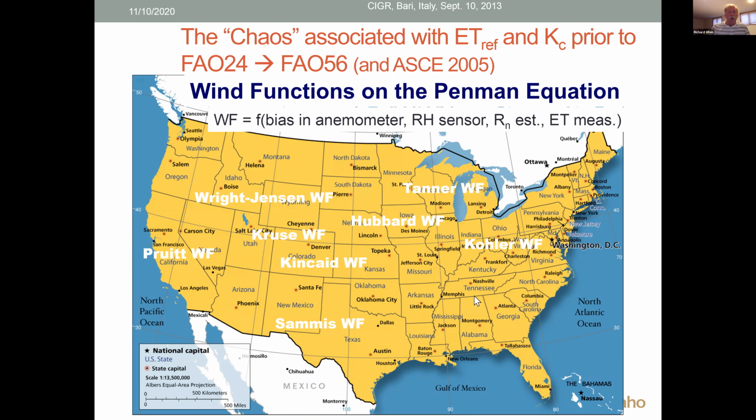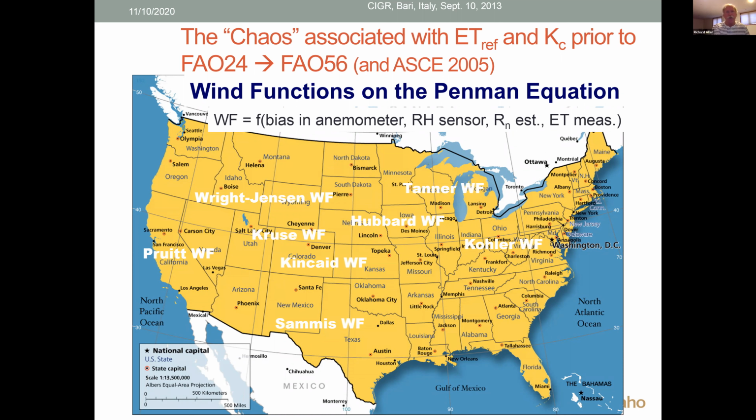They all had wind functions that were all different, and much of that difference in the wind function was probably caused by bias in the measurements of the reference ET that they were calibrating against, or it might have been due to bias in anemometers, humidity sensors, which back in the 60s, 70s were not nearly as accurate and dependable as they currently are. So much of the differences in wind function were probably not physically based or required.